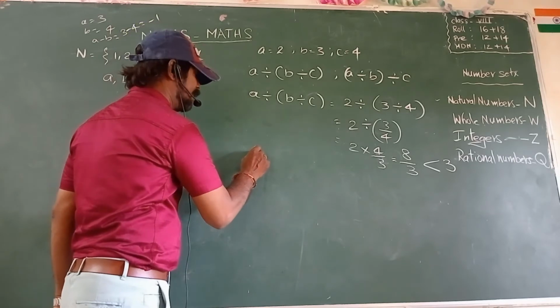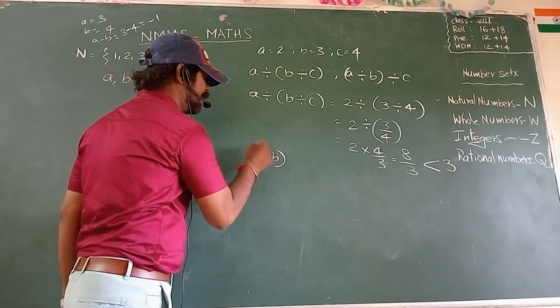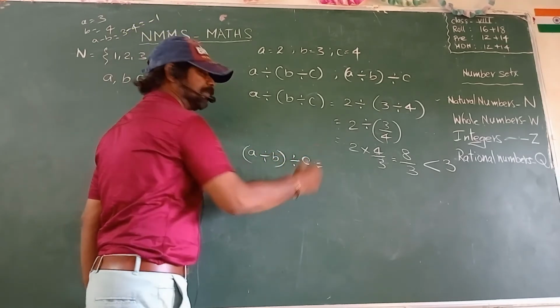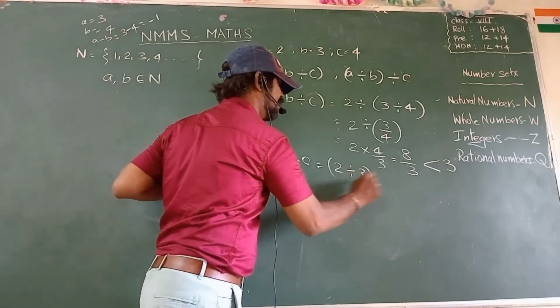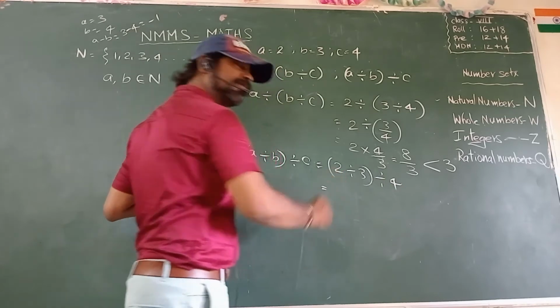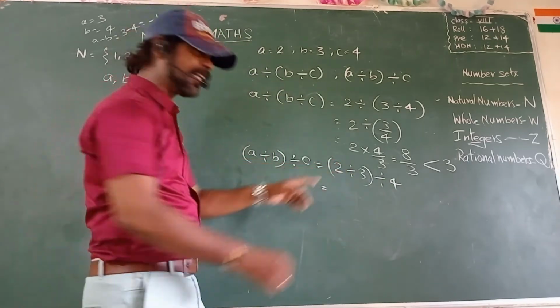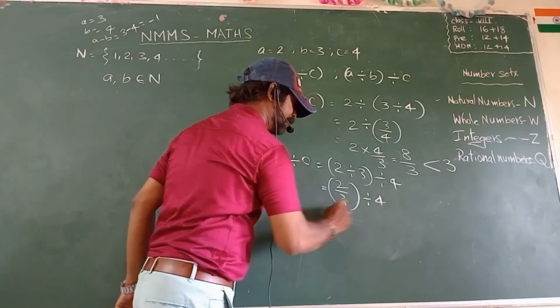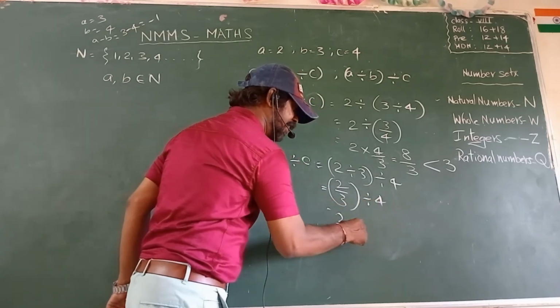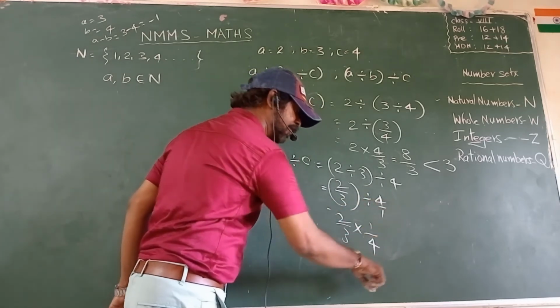Next, a divided by b divided by c. a is 2, divided by 3, divided by 4. This is my next: 2 divided by 3, and 2 by 3 divided by 4, that is 2 by 3 into 4 by 1, so 1 by 4.